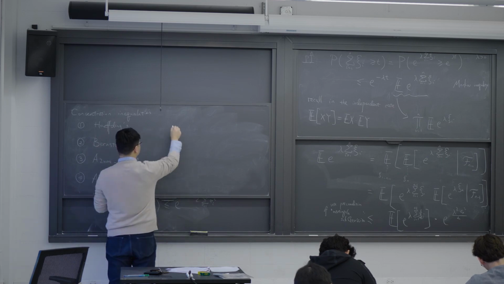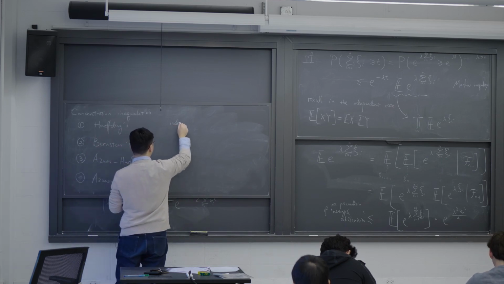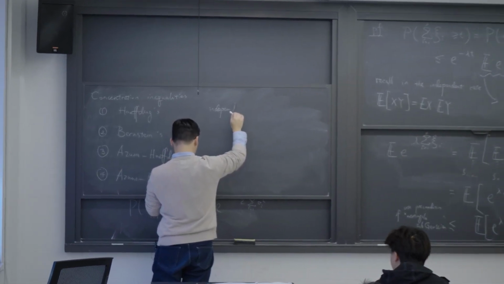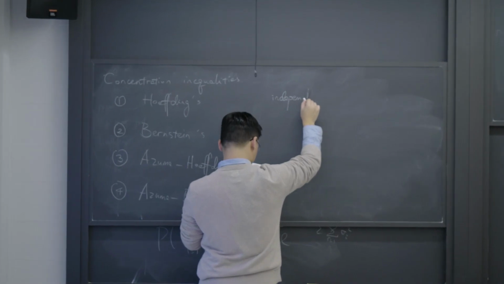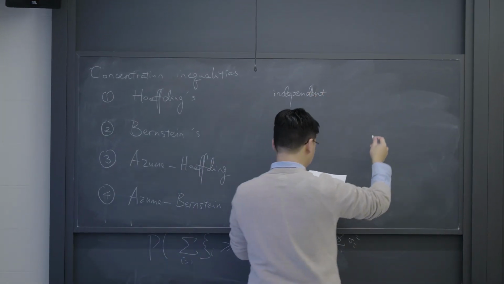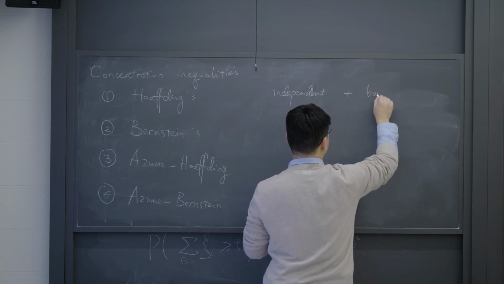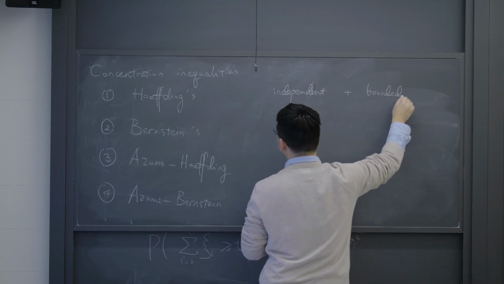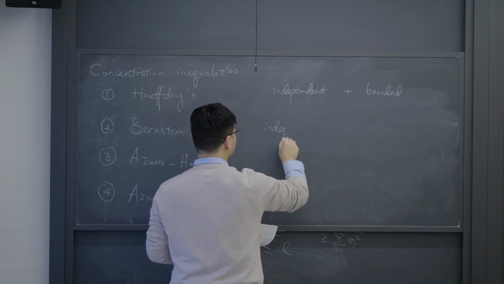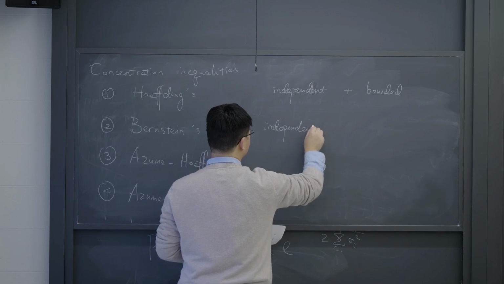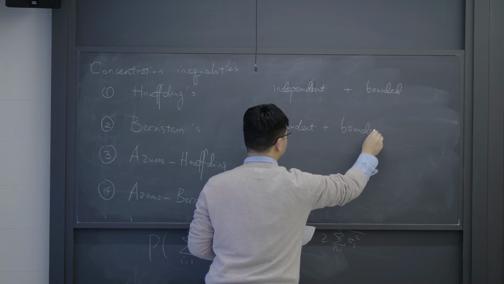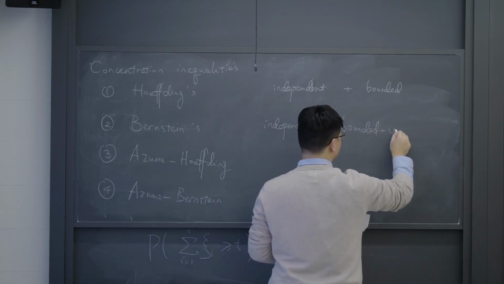So the Hoeffding is given for independent and bounded random variables. The Bernstein is for independent and bounded random variables, but with a sharper variance condition.